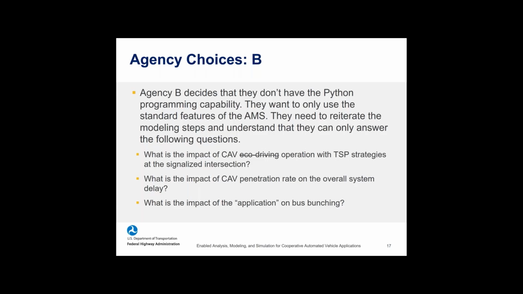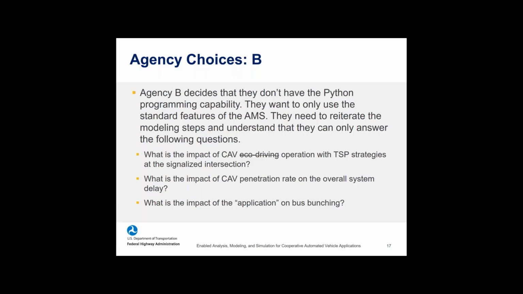If they're not going to do that programming, if they're not moving that CAV in the microscopic controller to the API part, the scripting part, then they can answer the question after striking out the eco driving component of it: what is the impact of CAV operation with TSP strategies at the signalized intersection? But they have to understand they're not doing eco driving anymore. And if that's okay with them, that's fine.